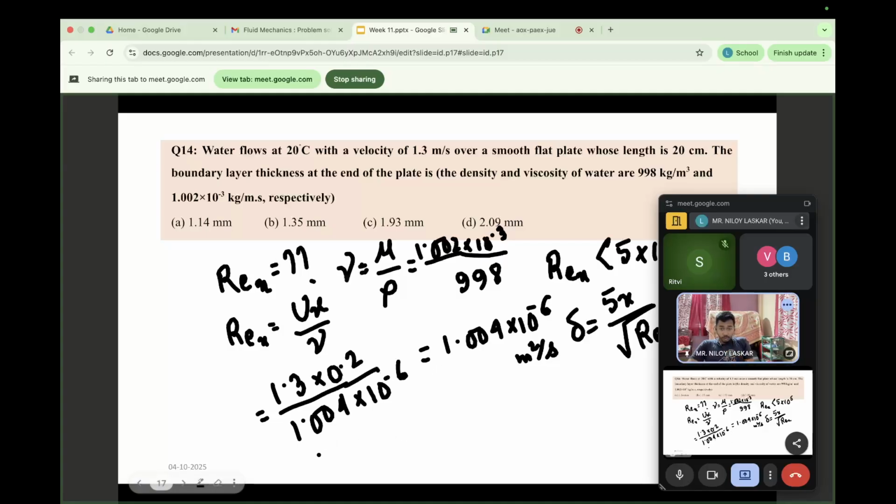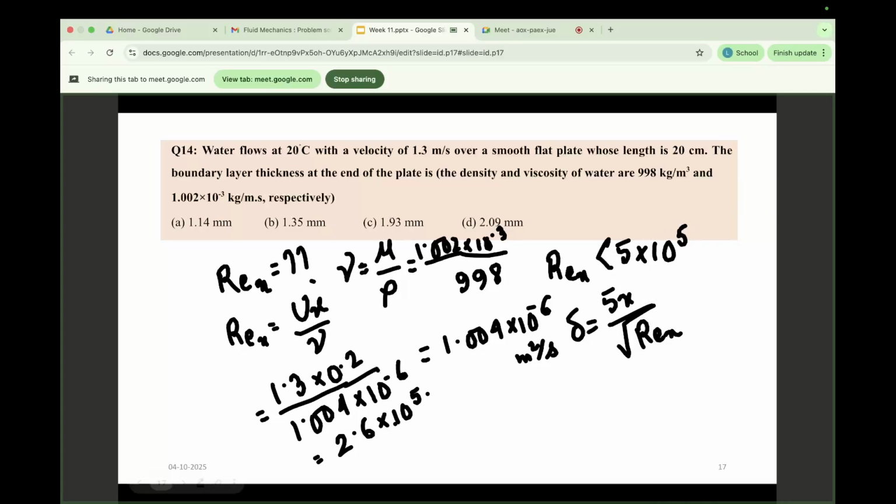So that means it is approximately 2.6 into 10 to the power 5. So the Reynolds number is less than this one, so we can easily use this formula. So now just use this formula and just tell me which one will be the answer.